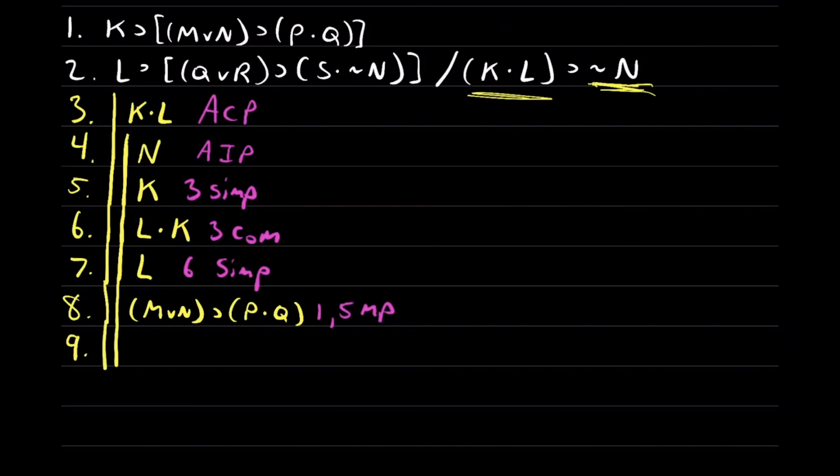I'm going to do the same thing with lines 2 and 7. That will give me Q or R implies S and not N. Okay, that's going to follow from lines 2 and 7 by modus ponens.